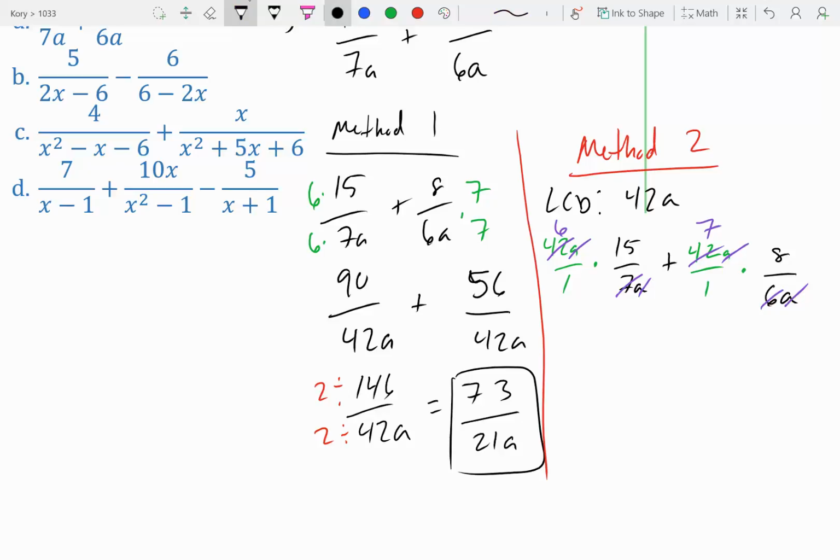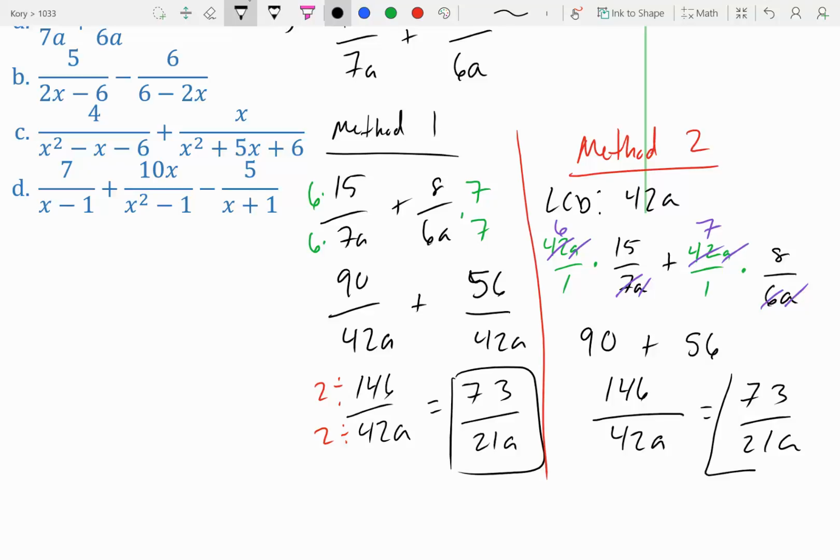So what we have left over is 6 times 15, which is 90, plus 7 times 8, which is 56. So we add those two together, we get 146. And now, only when you add and subtract, when there's no equal sign, only if there's adding and subtracting expressions, you put it back under the LCD of 42a and simplify to 73 over 21a.